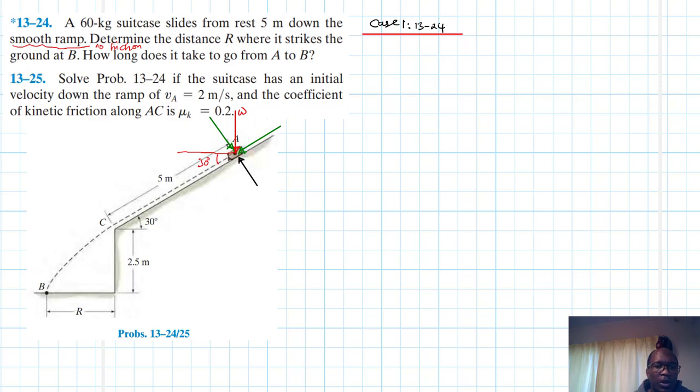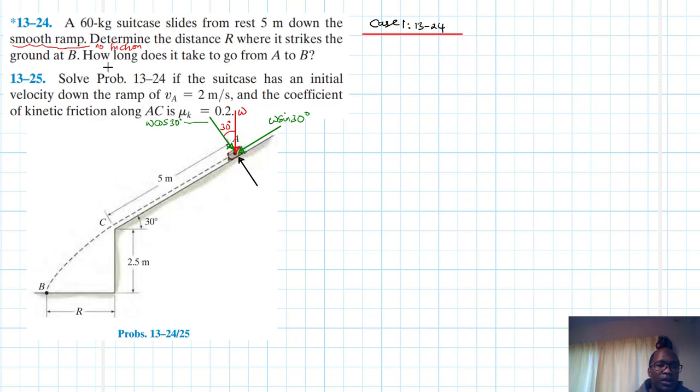So with that in mind, we can say this is 30 degrees here, like so. Then this one is W sine 30, and this one is W cos 30.